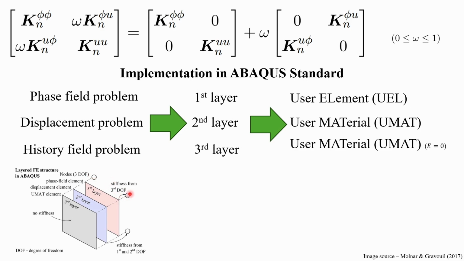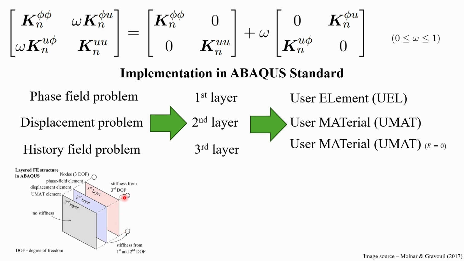So every node gets stiffness for the third degree of freedom from the first layer. You see the arrow direction. The third degree of freedom is your phase field. So this node gets its phase field stiffness from the first layer, which is your phase field problem.